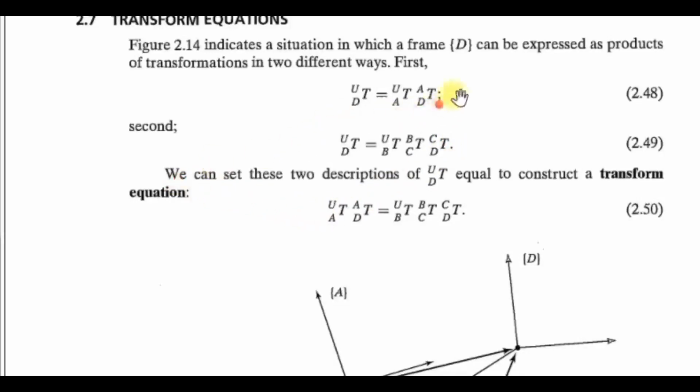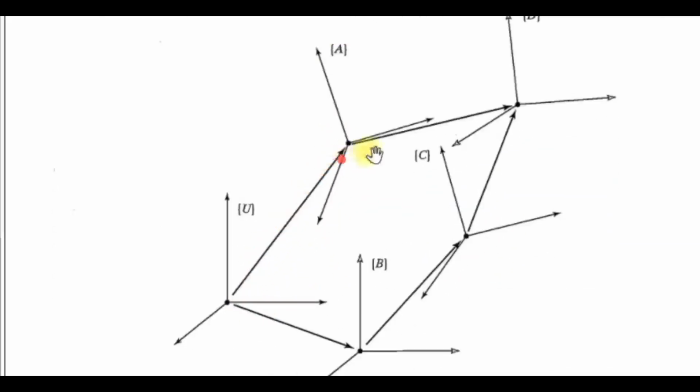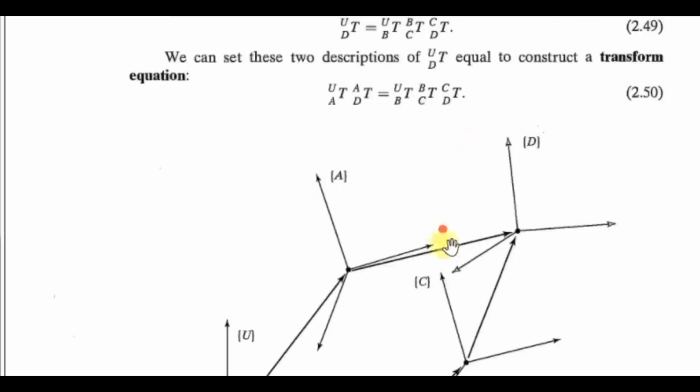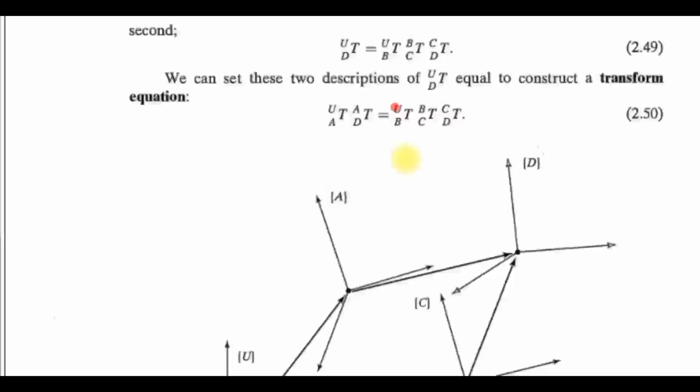So obviously the D frame is here. So you follow this path or this path. If you follow this path or this path, any path, it is the current location. Since it is the current location, it will be equal.